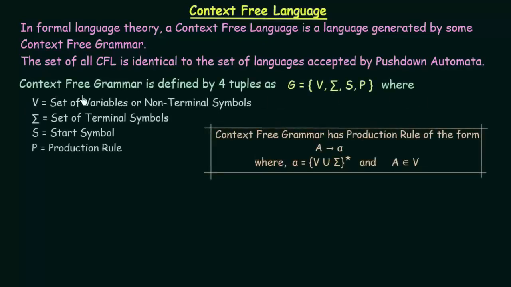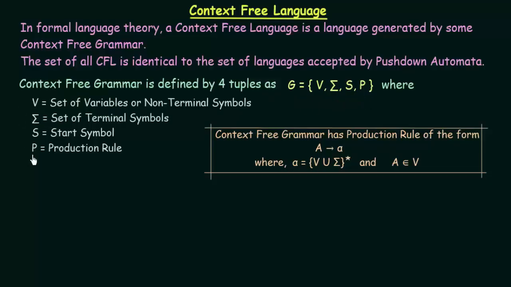A context-free grammar is defined by four tuples as G equal to (V, sigma, S, P). If you remember, even regular grammar was defined using four tuples, as V, T, S and P, and context-free grammar is also defined using four tuples, which are V, sigma, S and P. Let's see what the tuples mean.